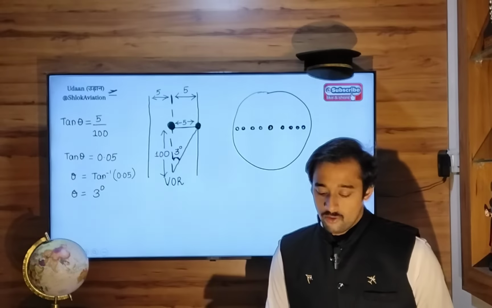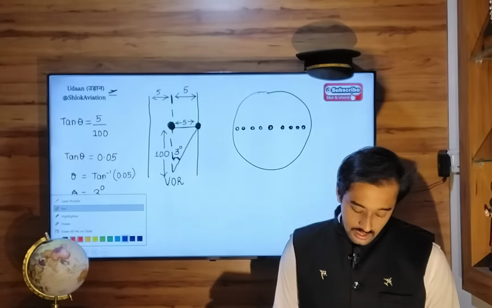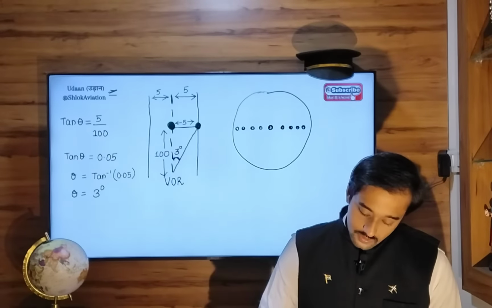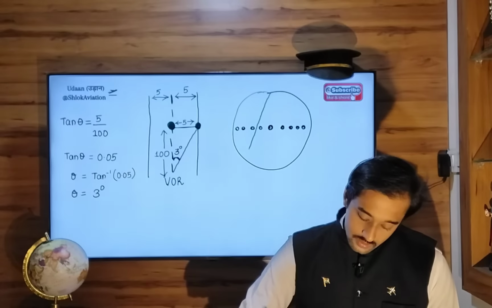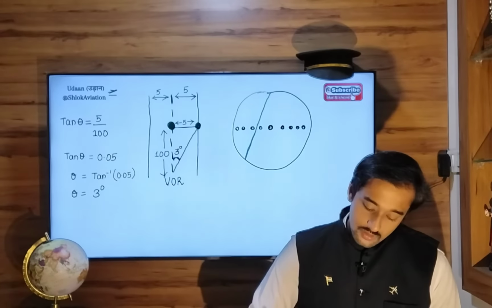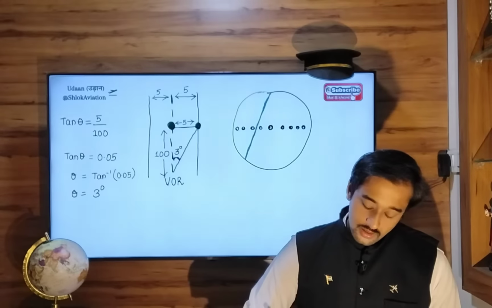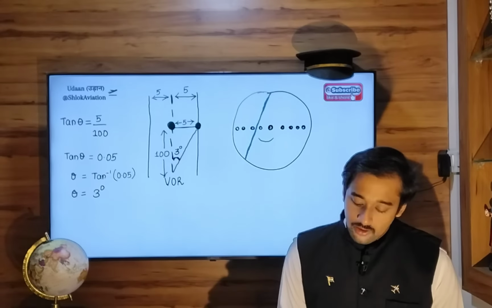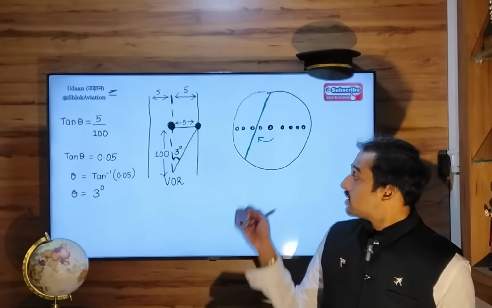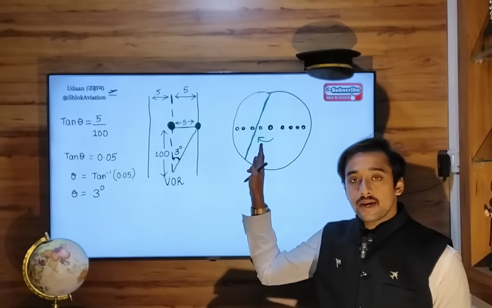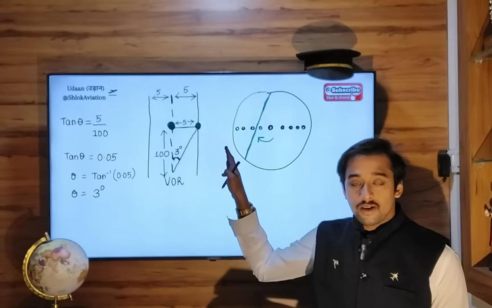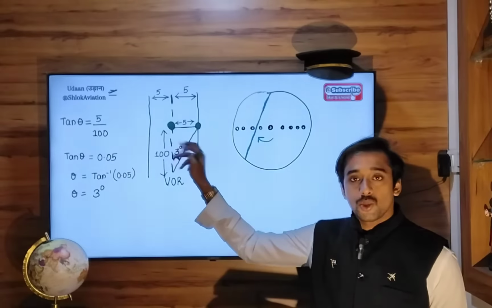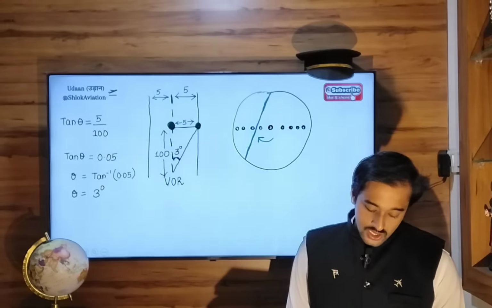So how will it look? It will look something like this. So the CDI needle will move 1.5 dots to the left hand side, telling the pilot to go 1.5 dot left because the original track is to your left hand side. So this is the final answer.